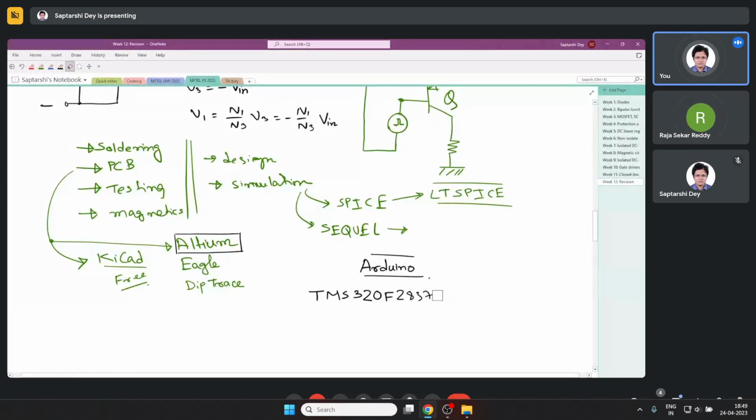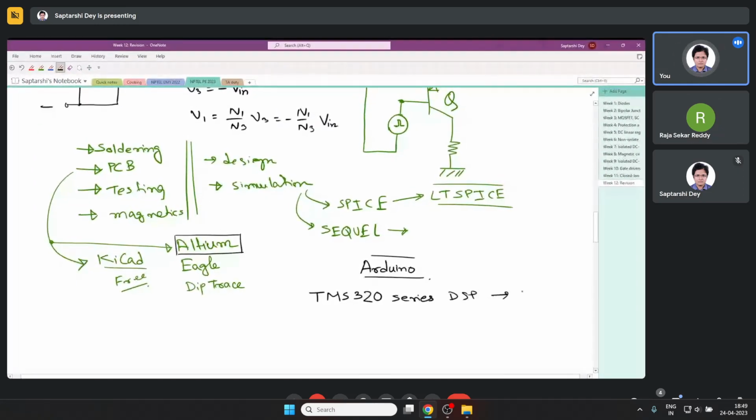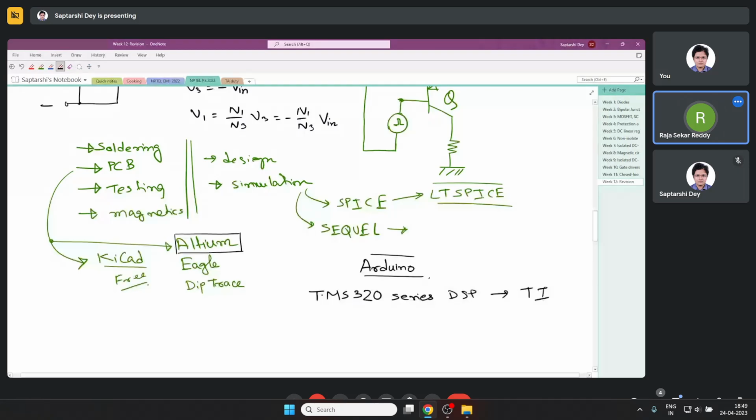Do not take this, it doesn't matter, they keep on upgrading. So TMS 320 series DSPs are made by Texas Instruments. These are very high speed DSPs. You can go for very high switching frequency.